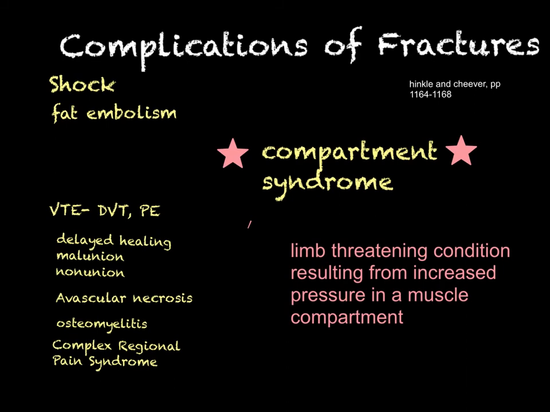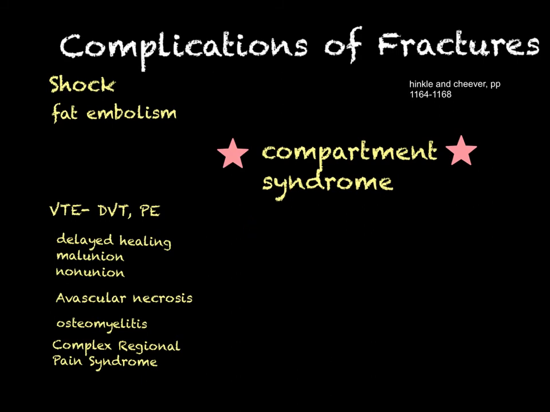If you don't treat this really rapidly, you can have permanent injury within 4 to 6 hours, and that is important to note. So this is why you need to know your 5 Ps, because the symptoms of compartment syndrome include pain. Now be careful. Pain can accompany fractures. However, the pain with compartment syndrome is pain that is out of proportion to the injury.